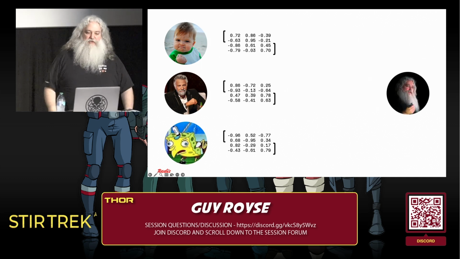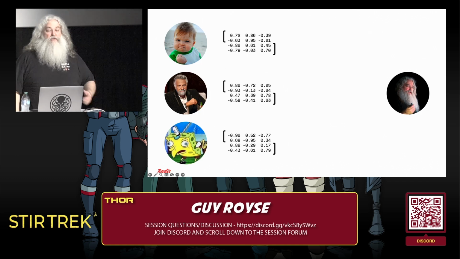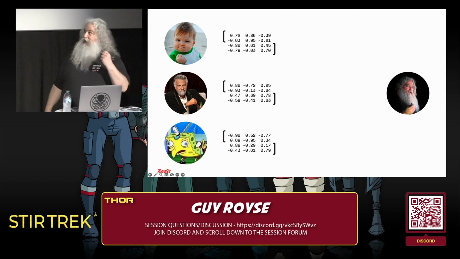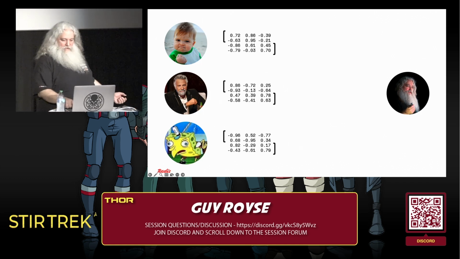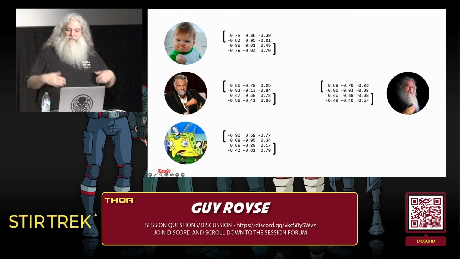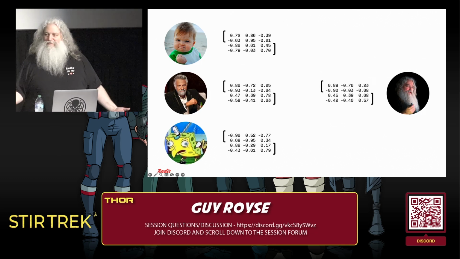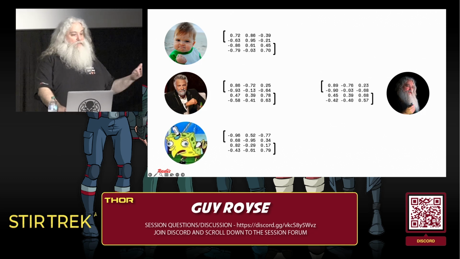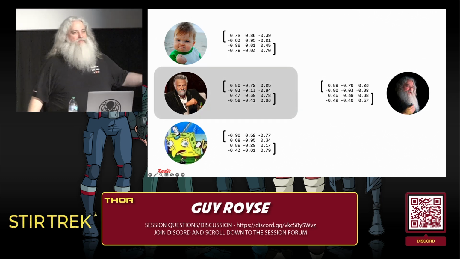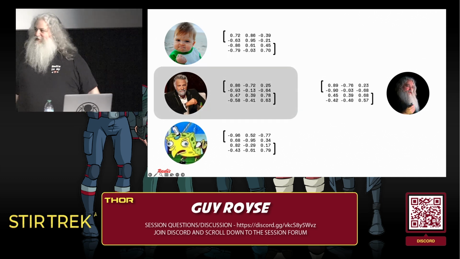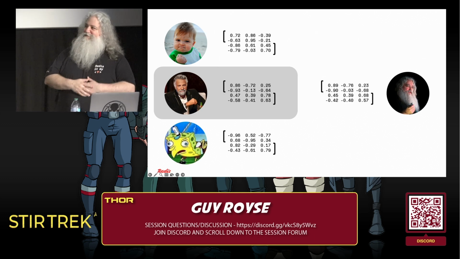So here we've got 3 images: Success Kid, the most interesting man in the world, and mocking SpongeBob. Then I put in my photo and it creates an embedding, and which one am I most similar to? You look at the numbers and figure it out, and oh look, I'm most similar to the most interesting man in the world. And now if I could only convince my wife that were true.